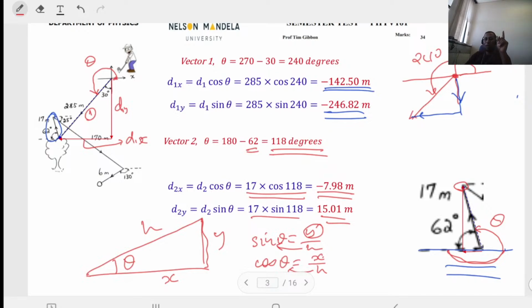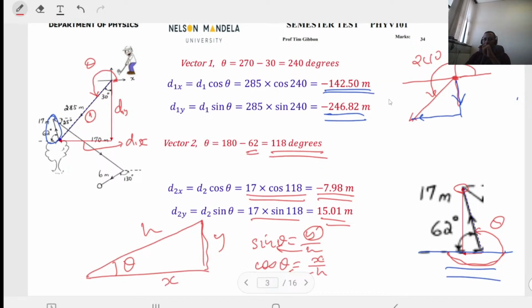Look, it's a good question. I better keep it within 2. You know why I didn't round off now? If you start rounding off whilst you're busy calculating, you might run into trouble.